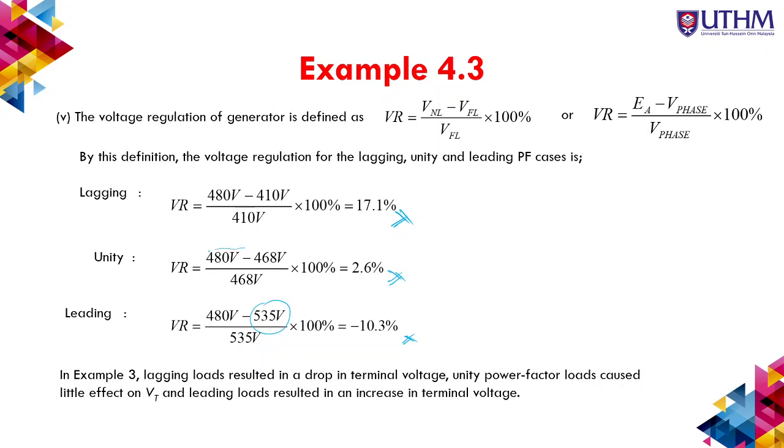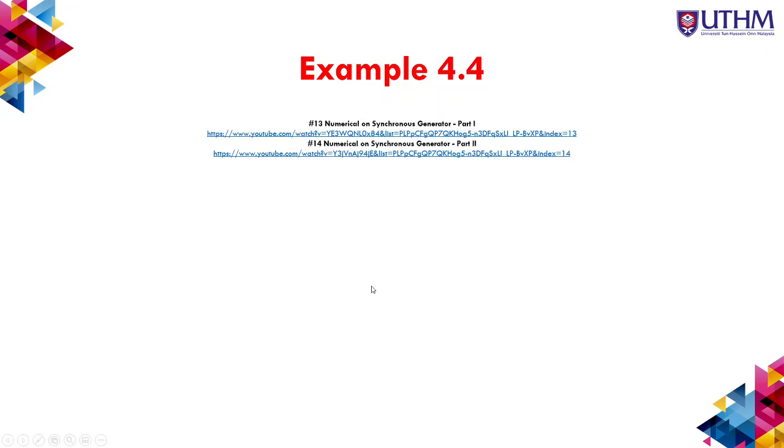So this one is slightly different, and this one is significantly reduced for the lagging. So this is example 4. I encourage you to look at this video, and inshallah you will understand more about the problem for the synchronous generator.